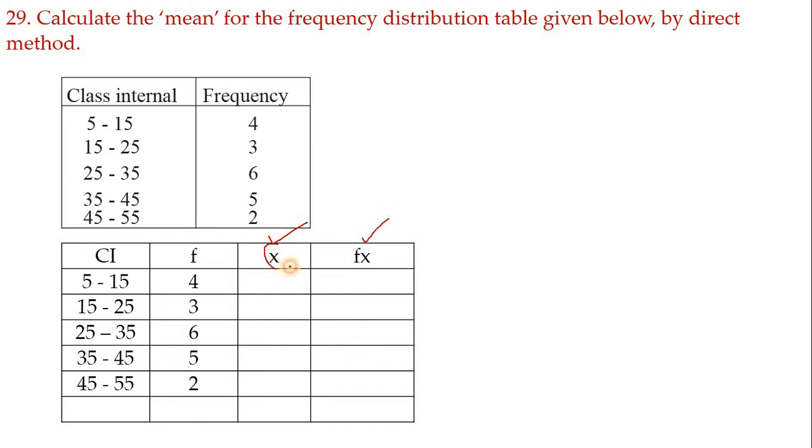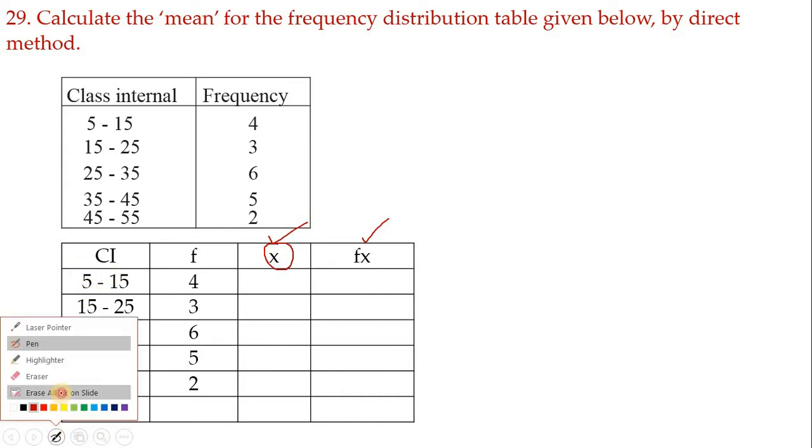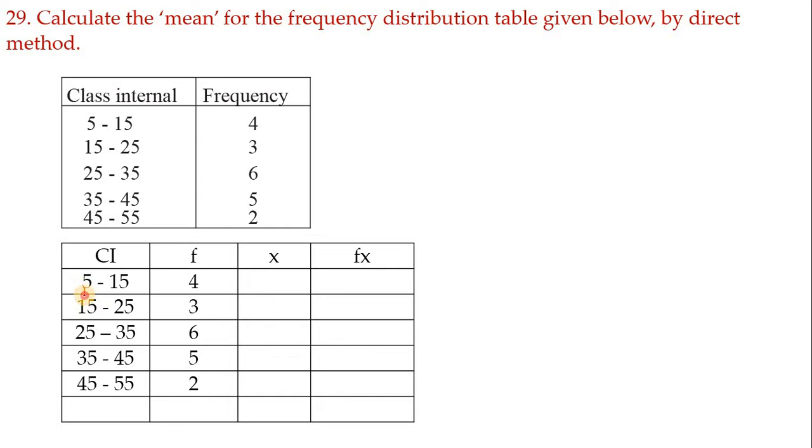So x means we have to find the midpoint of the class interval. How to find the midpoint of the class interval? Just look here. Now 5 added to 15, how much will you get? You will get 20. Now 20 divided by 2, we get 10. Therefore, the first class interval midpoint is 10.